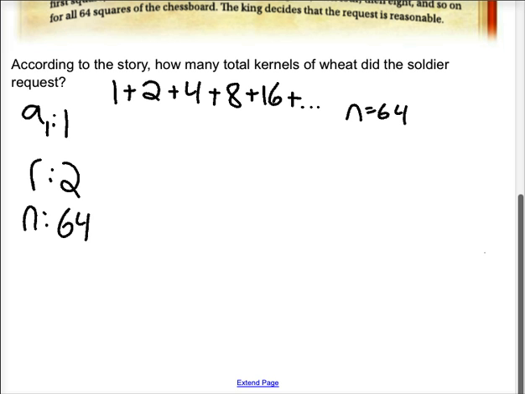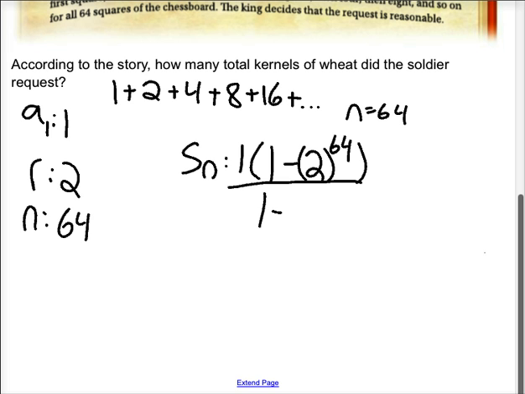All right. So this word problem was pretty simple in setting up what's happening. So let's find out what that sum is. How many kernels is he actually going to get this way? So we're starting with 1, then 1 minus r to the n, so 1 minus 2 to the 64, divided by 1 minus r.